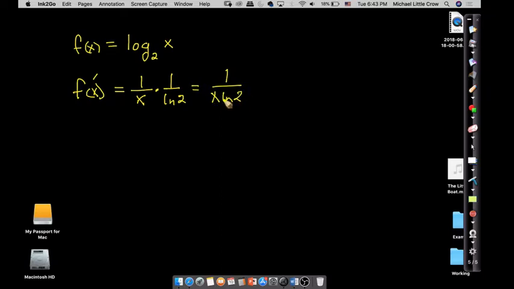Okay. So that is all there is to taking the derivative of a log. For natural log, it becomes the natural log of e, which is just 1, so that's why you don't see it. And the only difficulty we're going to have with this is when there's a function in there, not just x, because we've got to use the chain rule, so we take the derivative of the inside part as well. Okay.